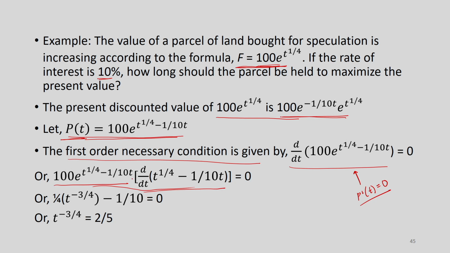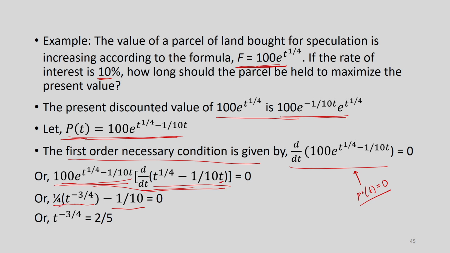And since it has to be equal to 0, this first part is not equal to 0. So, we can only concentrate on the second part, and from here we get this condition: 1/4 of t to the power minus 3/4, this is the power rule, minus 1 divided by 10, because this t will just drop out.